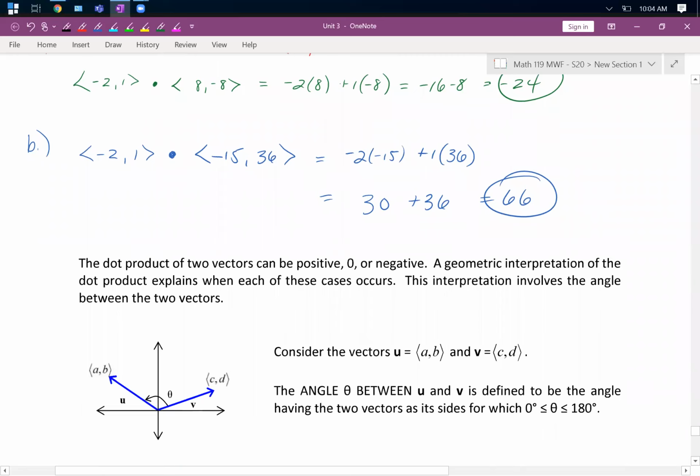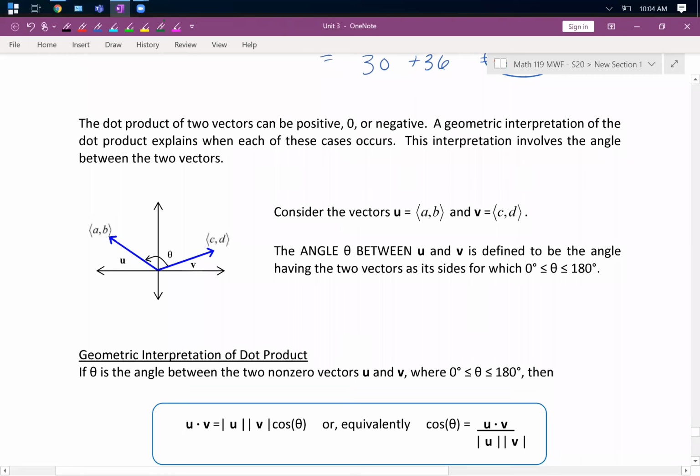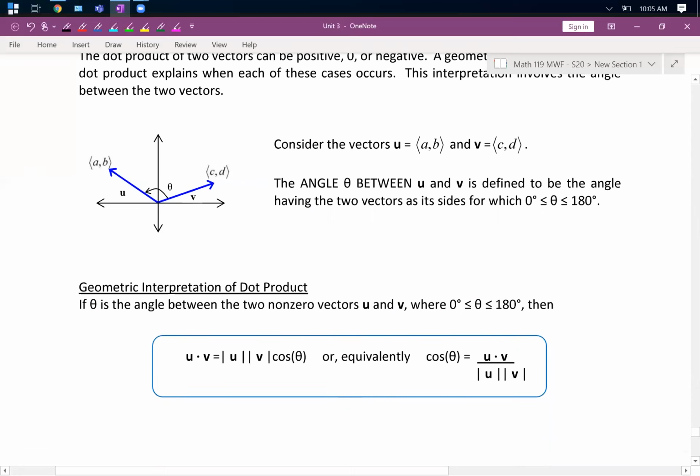The dot product between two vectors can be positive, negative, or 0. A geometric interpretation of the dot product explains when each of these cases occur. This interpretation involves the angle between the two vectors. So if we consider vectors u equal to <a, b> and v equal to <c, d>, the angle theta between vector u and vector v is defined to be the angle having the two vectors as its sides, for which theta is in between 0 and 180.